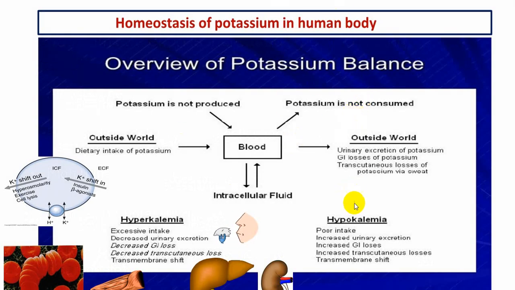So as far as hypokalemia is concerned, poor intake, increased urinary loss, increased GI tract loss, increased transcutaneous loss like in sweating, and transmembrane shift into the intracellular compartment will produce hypokalemia.